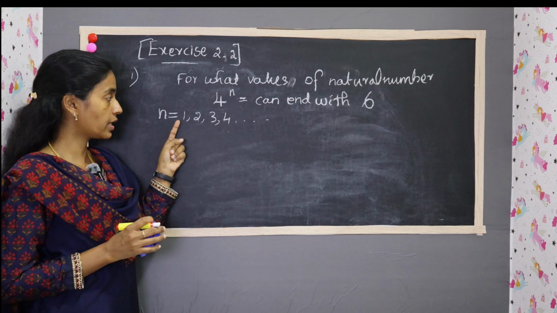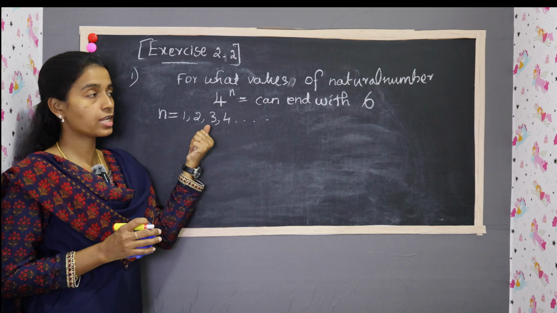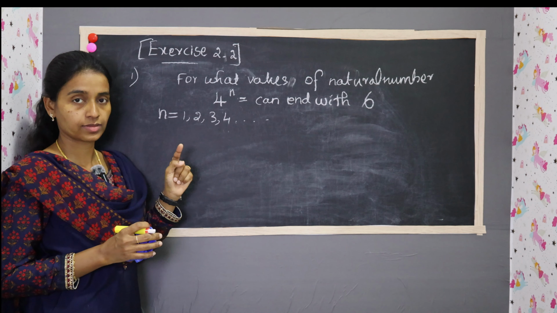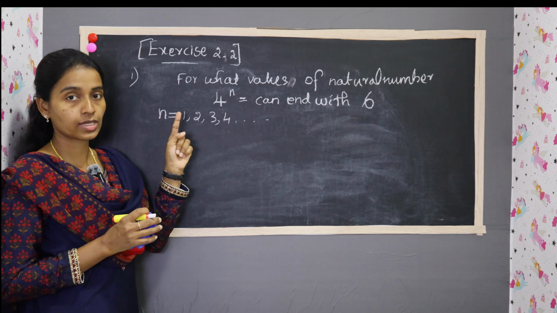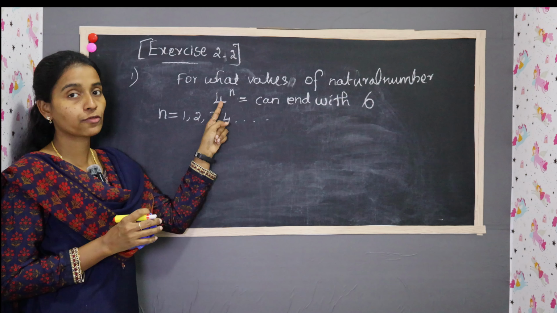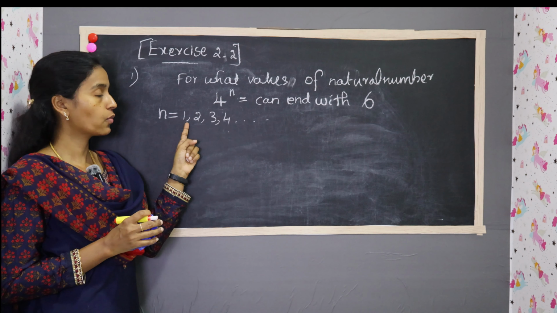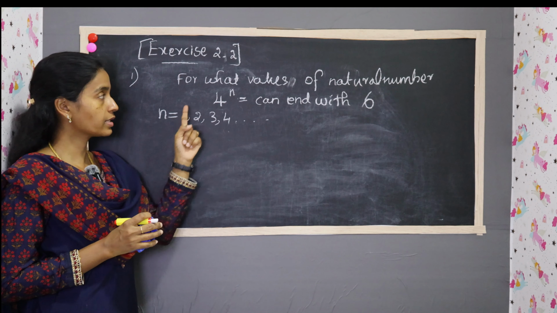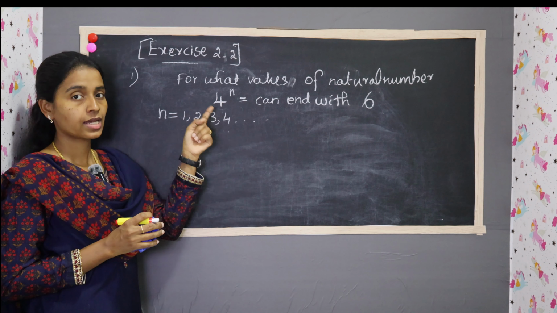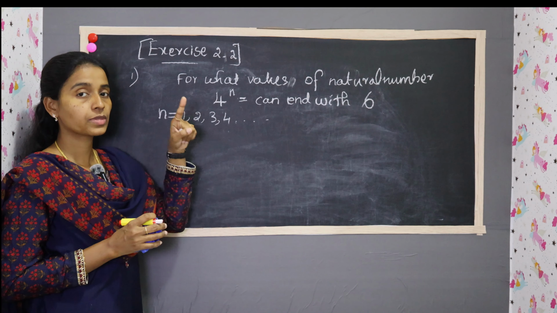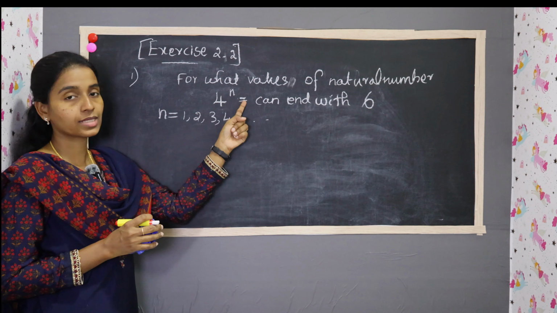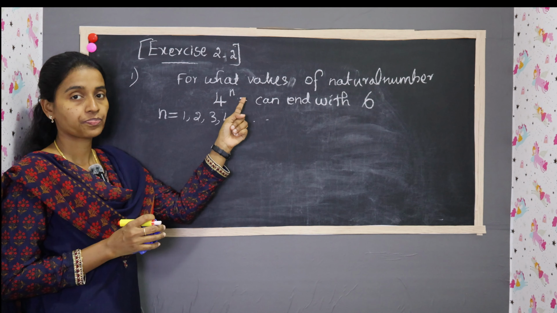I'm going to apply these n values in 4 power n one by one. The first step would be 4 power 1, so we apply the value 1 in place of n first. After that, we apply the value 2.